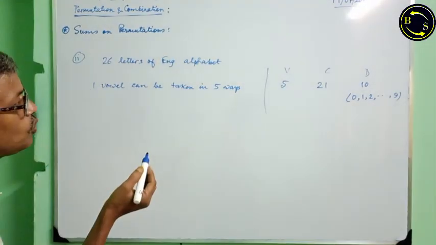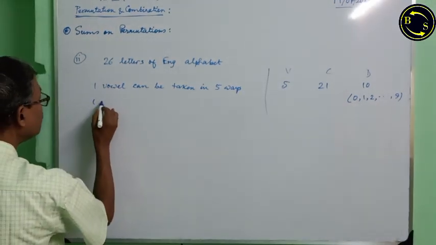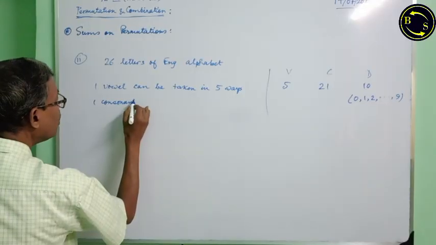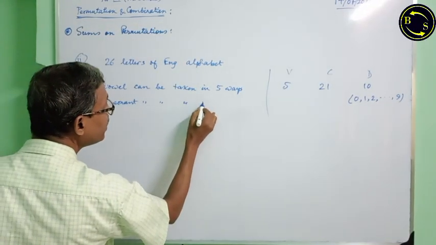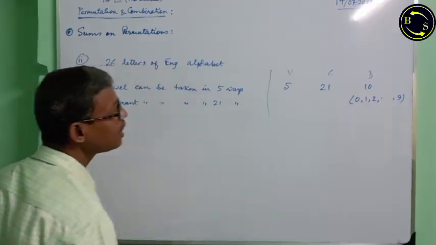Then out of 21 consonants, one can be taken in how many ways? 21 ways.